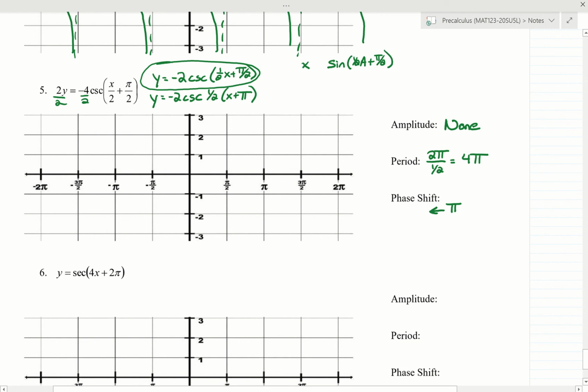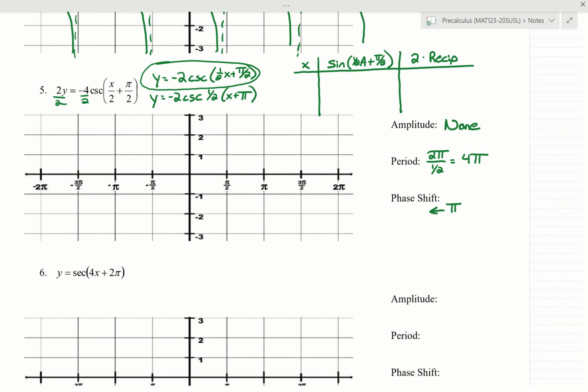And then the way we're going to convert that to our actual graph is we're going to figure out what 2 times the reciprocal of that is. We're not taking the reciprocal of 2, we're taking the reciprocal of sine to give us cosecant. So let's see what happens.